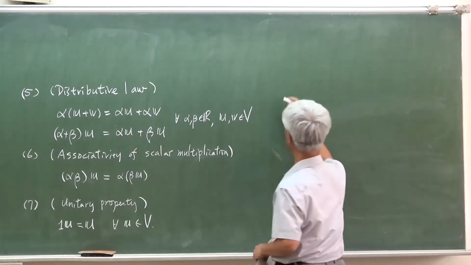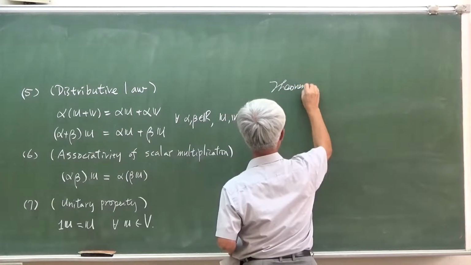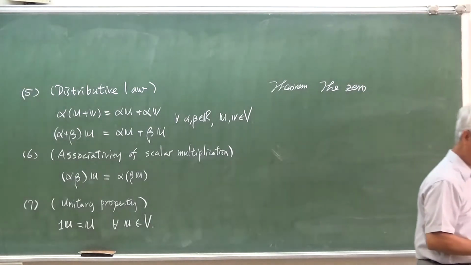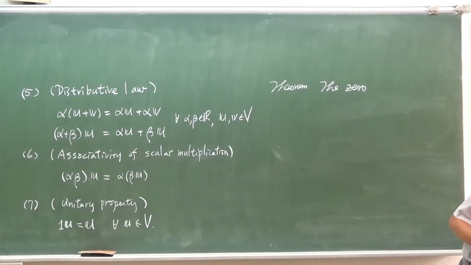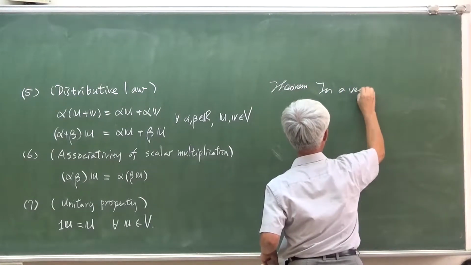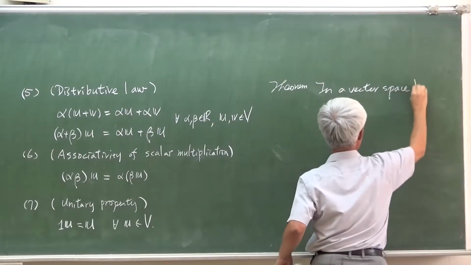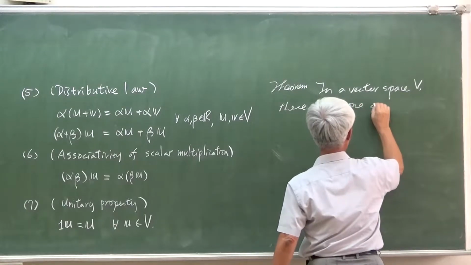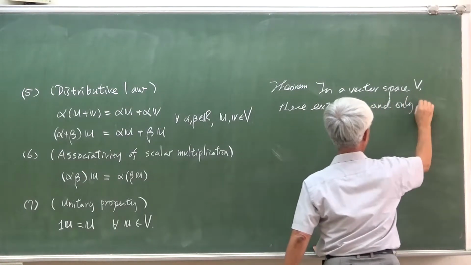Okay. So first of all, the zero vector. Maybe I will say: in a vector space there exists one and only one zero vector.